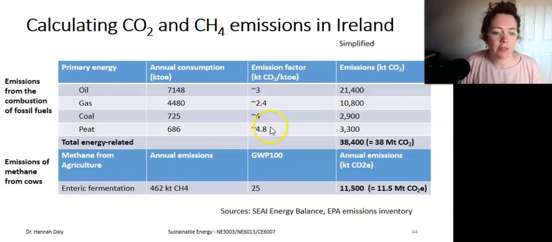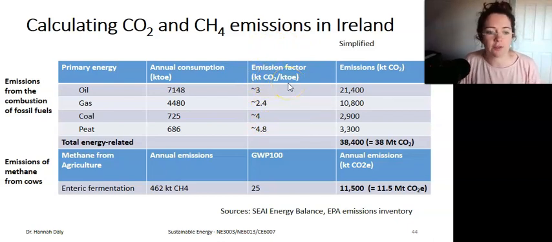But you can see here that this is called the emission factor. It can also be called the emissions intensity of different fuels. So the highest emission factor for the fossil fuels is peat, followed by coal, followed by oil, and then gas. So if you get the units the right way, you multiply the annual consumption by the emissions intensity and you get the emissions in kilotons of CO2.